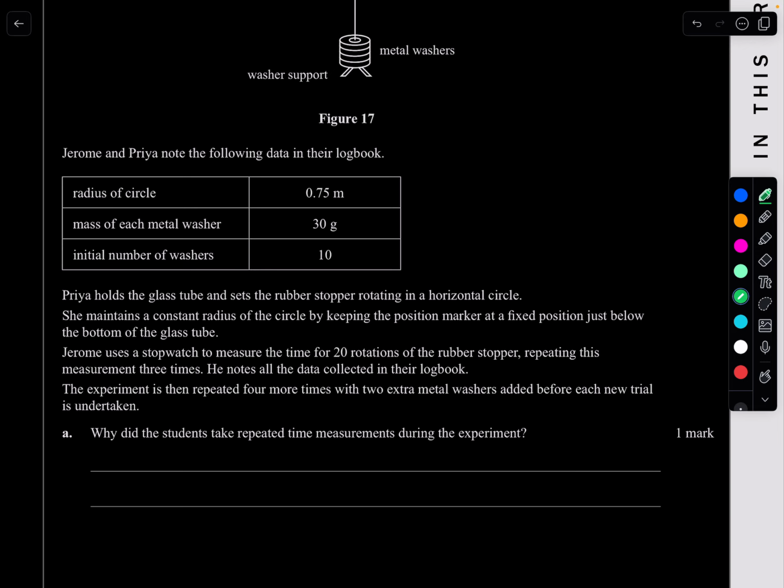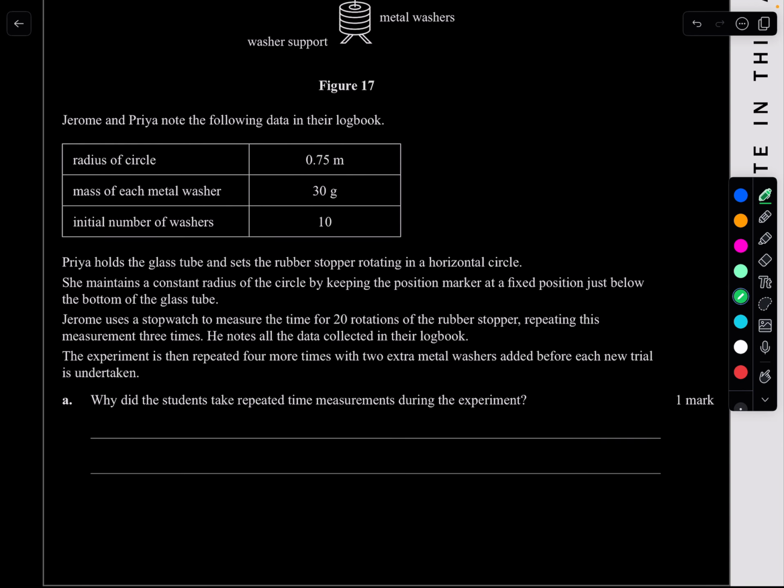Why did the students take repeated time measurements during the experiment? What a beautiful question. If you do any science in VCE, that is chemistry, psychology, biology, you'll get questions like these. These are your analysis or investigation questions. When we repeat a measurement a lot of times, we get different values and we average them out.